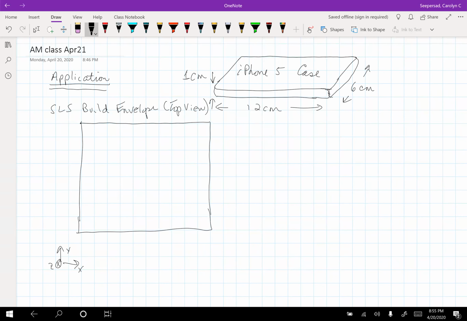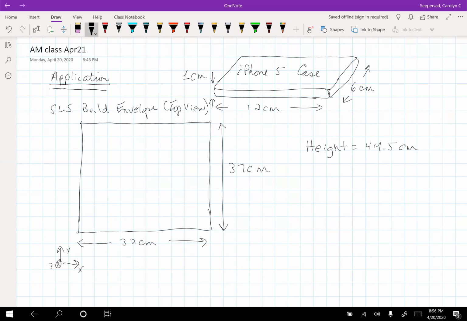We know that one of the dimensions here is 32 centimeters. Another dimension of this is 37 centimeters. We also know that the height or depth is 44.5 centimeters.